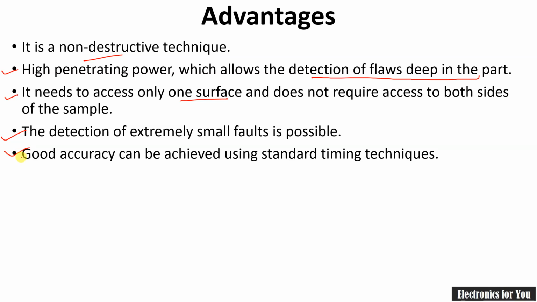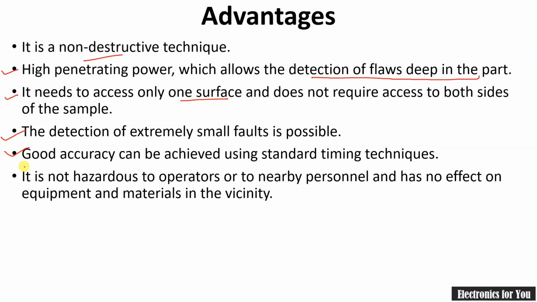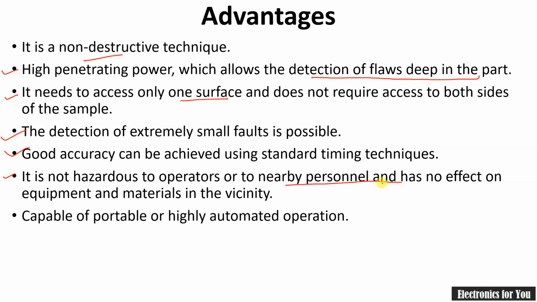So we can say that it has good accuracy, and you can achieve this good accuracy by using proper calibration technique. It is not hazardous to the operator or any nearby person, because we are not using any gamma rays or X-rays here. It is capable of portable and highly automated operation, and quick results are obtained in UTM. So these are the advantages.